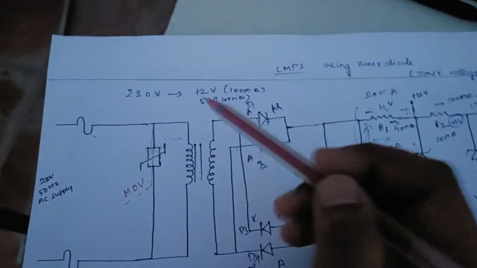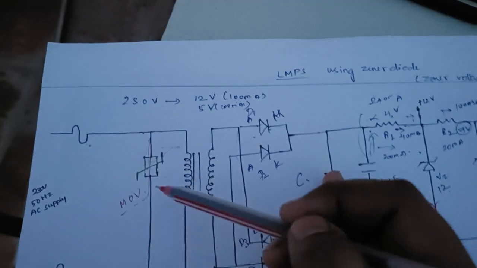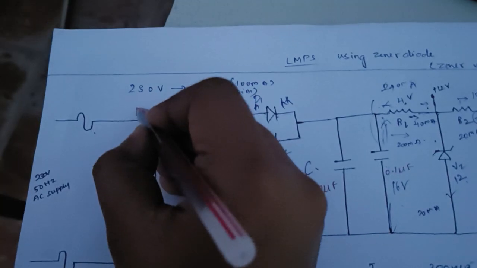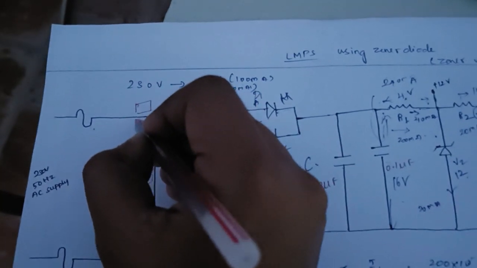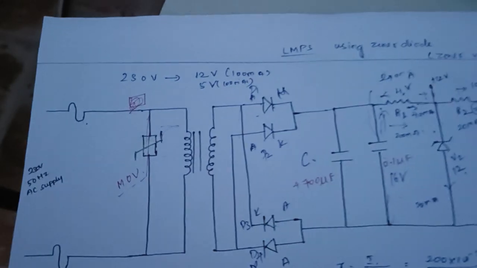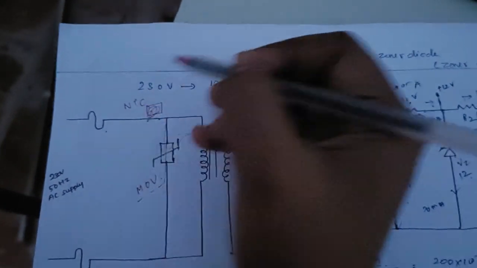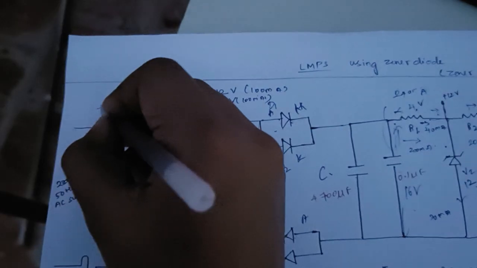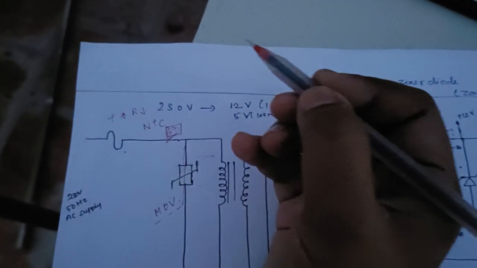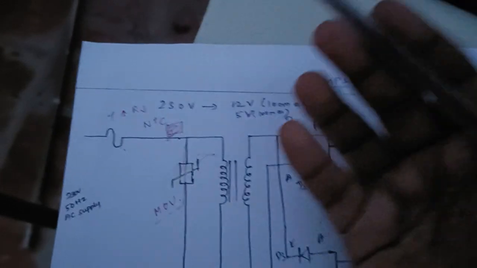This is the work of it, and it is connected in parallel, and there must be a fuse before it. One more component is there, we can call it NTC, a negative temperature coefficient thermistor. So if temperature increases, the value of resistance decreases.